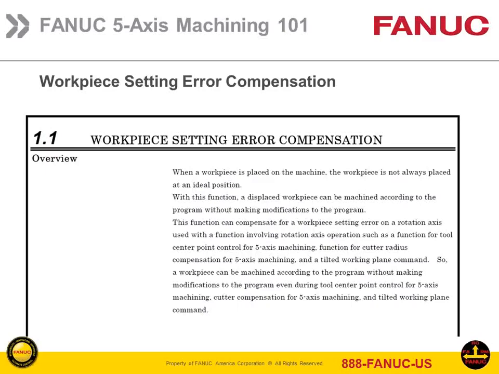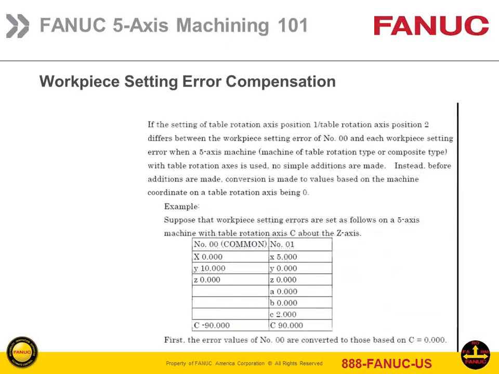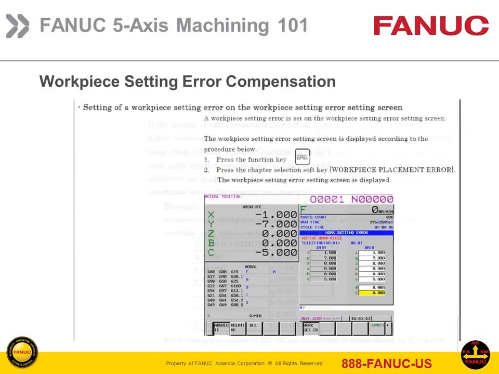With this, you can rotate it around using workpiece setting error compensation. It's like a work offset. And with your workpiece setting error compensation, you have 7 different offsets, plus you have a common that's more like a work shift. And the work shift works in conjunction with the P1 through P7. Okay, so it'll work together with those.